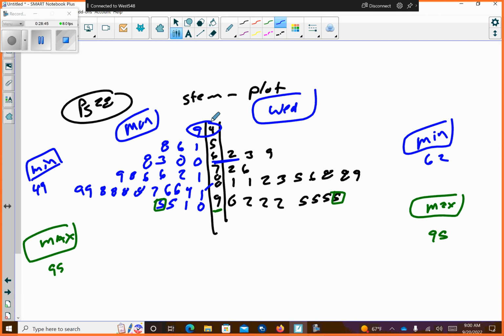So do you think that there's evidence that the Wednesday class is outperforming the Monday class? Well, what are some things that might have happened if the exact same test was given on Monday and then given on Wednesday? Wednesday got information from the Monday group, didn't they? That could happen.